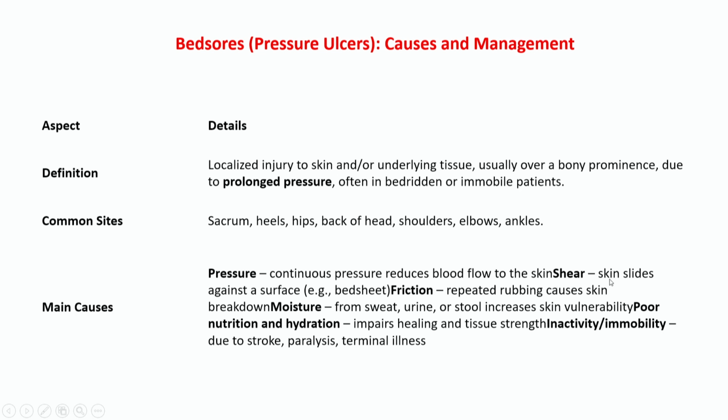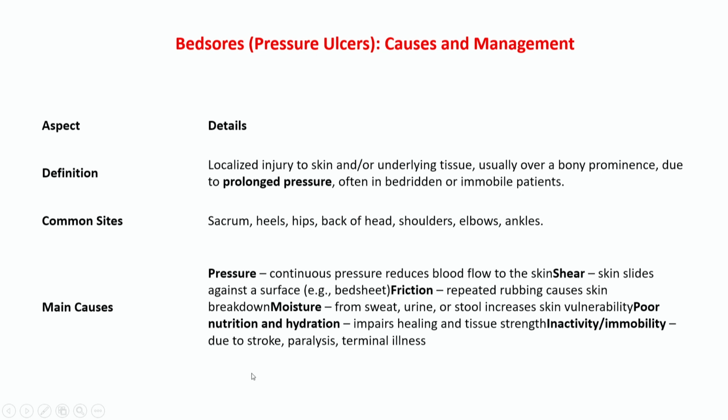Shear: the skin slides against the surface, the bed sheet, which creates friction, and the repeated rubbing causes skin breakdown. Then moisture from sweat, urine, or stool increases skin vulnerability. Poor nutrition and hydration impair healing and tissue strength.